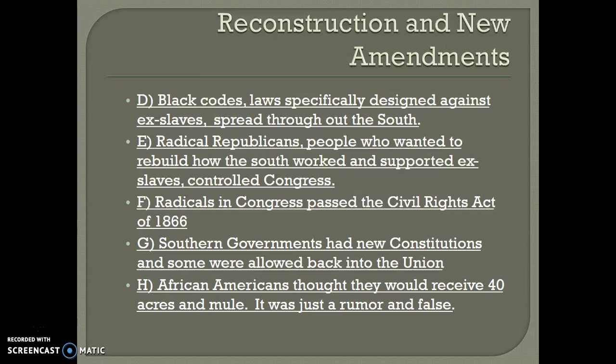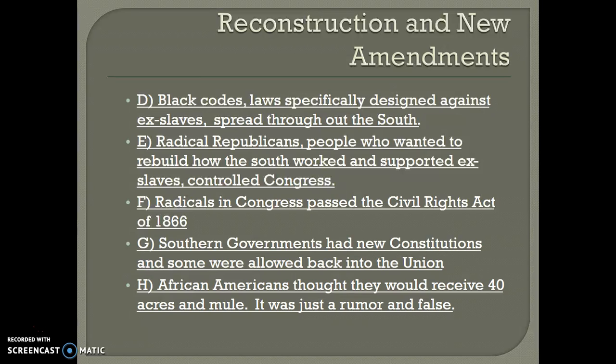So these radicals in Congress passed the Civil Rights Act of 1866, which guaranteed African Americans the right to vote. Not only do we have the amendment that guarantees it, we also have a civil rights act that guarantees this. One of the parts of Reconstruction was that all these southern governments had to have new constitutions before they were allowed to be integrated back into the Union.